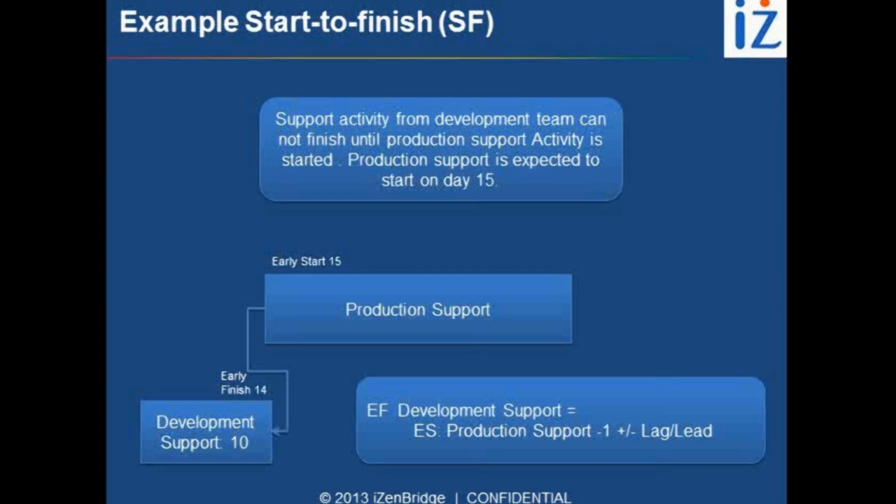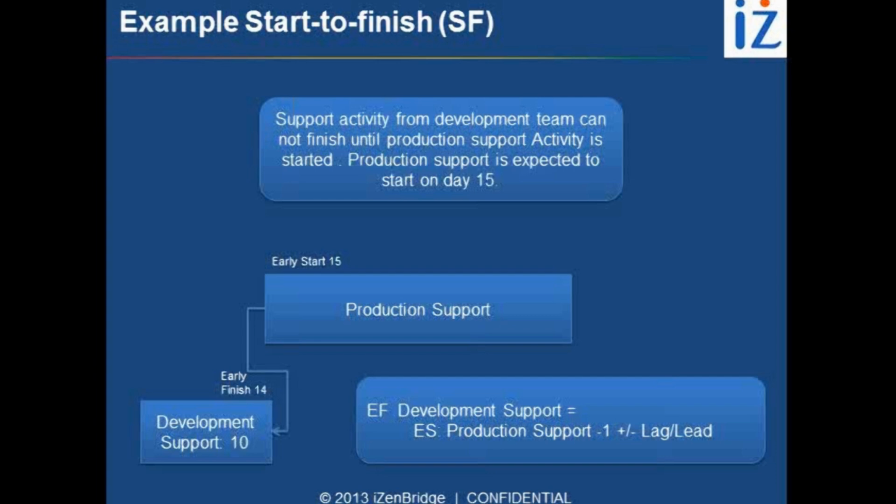And the reverse is lead. Okay, there could be 2 days of gap period. Maybe in this situation, the lag does not make sense. But if there is a gap period, that is, if I know on day 15 the production support is starting, I can finish my work 1 day in advance.